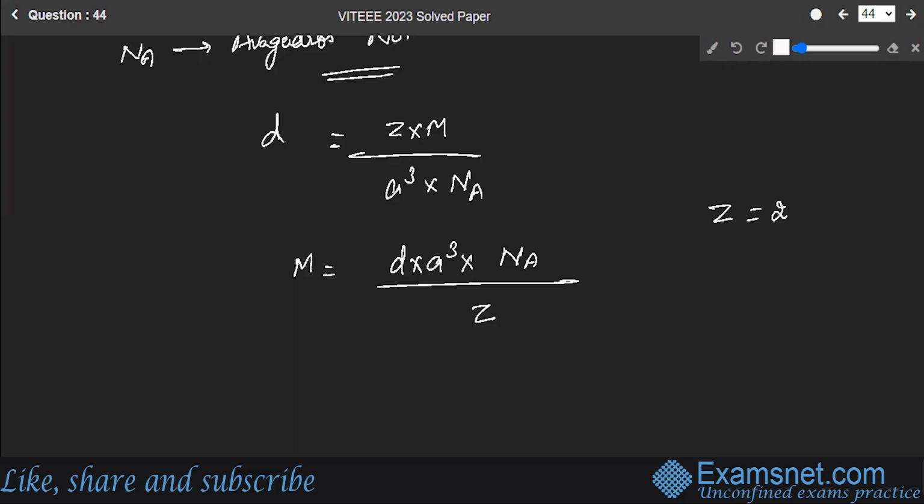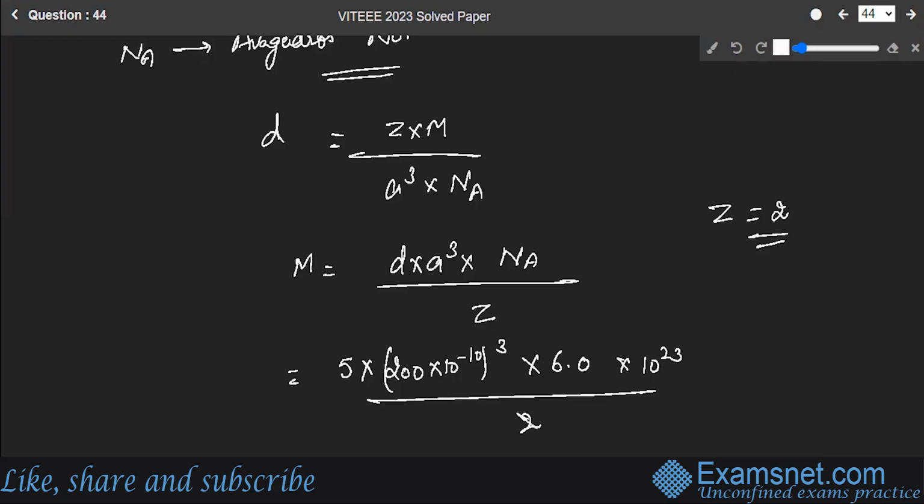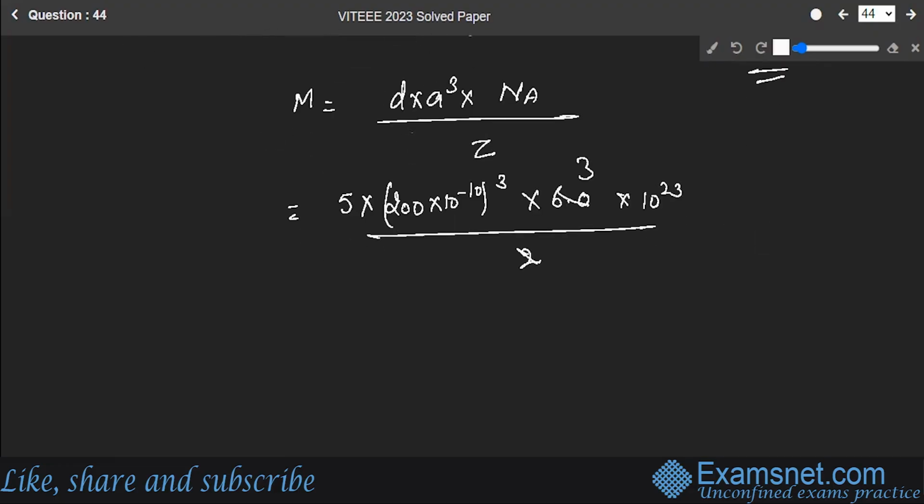Here for the BCC structure, you have Z is equal to 2. Density is 5. Multiply A is 200 into 10 power minus 10, raised to power 3. Avogadro's number 6.0 into 10 power 23, and Z is equal to 2. So on solving, this is 5 into 8 into 10 power 6 into 10 power minus 30 into 10 power minus 23.